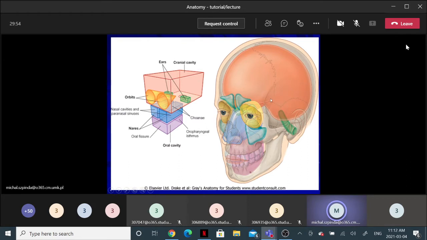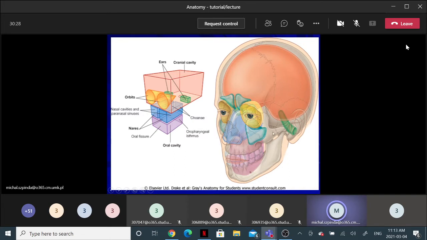And on the exterior of the skull, on the lateral aspect, is the temporal fossa, which is continuous inferiorly with the infratemporal fossa, and this communication is just medial to the zygomatic arch.